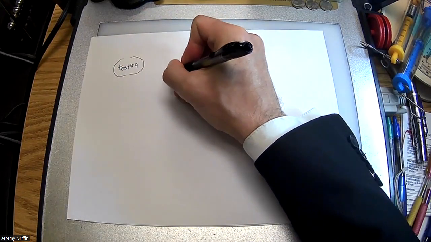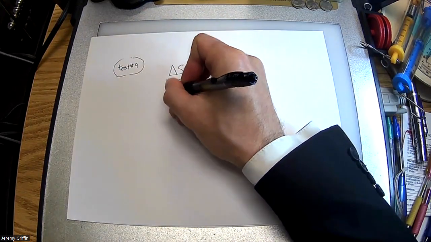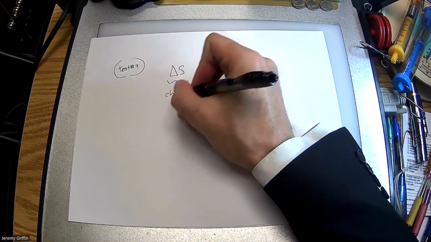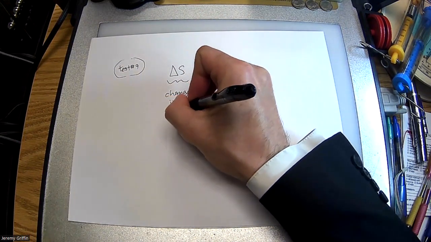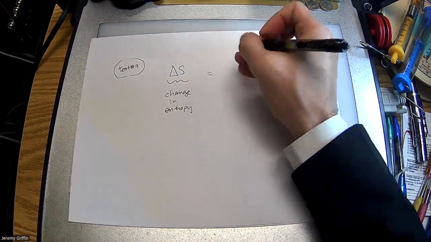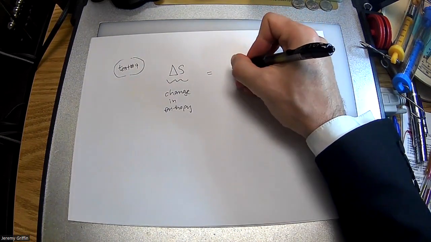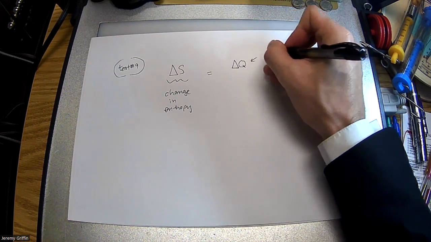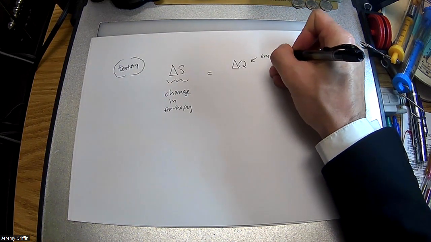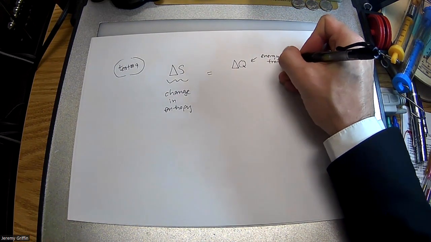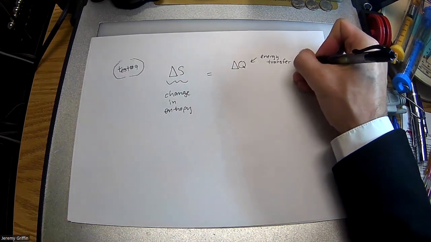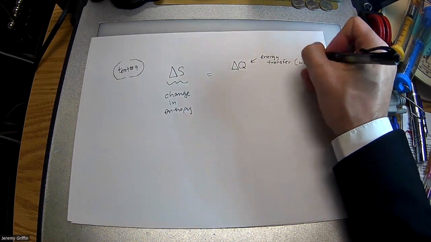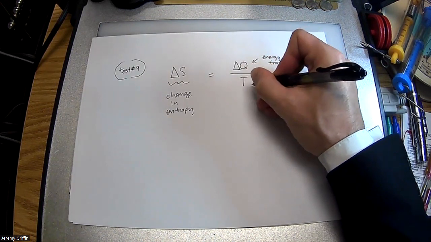It went like this: delta S, so it's a change in entropy, is equal to an energy transfer, which could be work, divided by the absolute temperature.